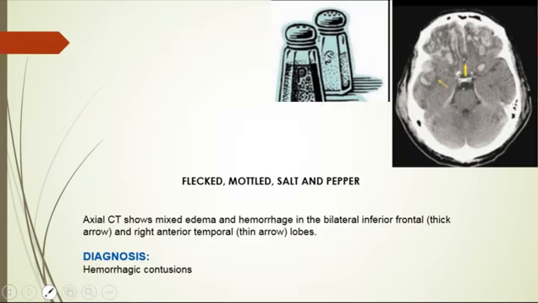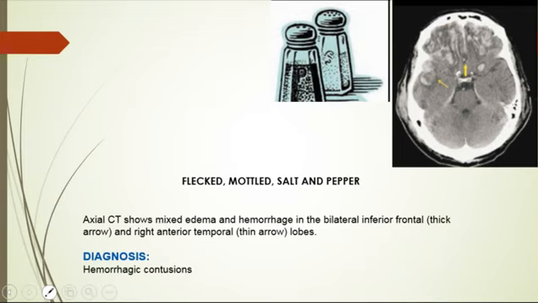This is axial CT, showing mixed edema and hemorrhage in the bilateral inferior frontal and right anterior temporal lobes. Diagnostic of hemorrhagic contusions. Keep in mind that cerebral contusions are caused by low velocity direct head trauma. The coup injury will occur at the site of the impact, while the contrecoup will occur where?